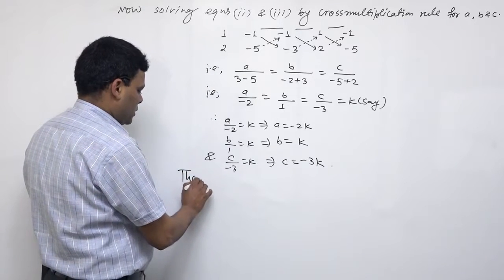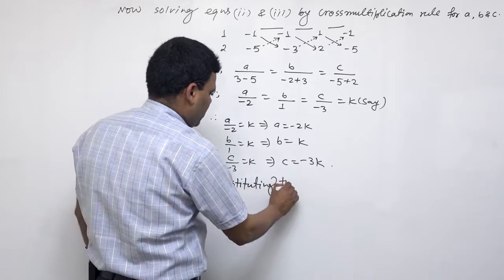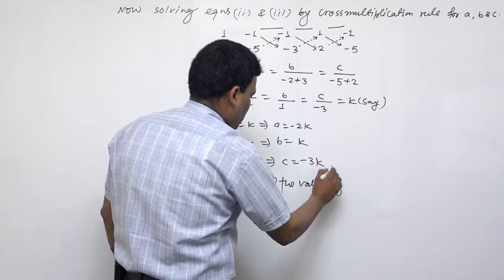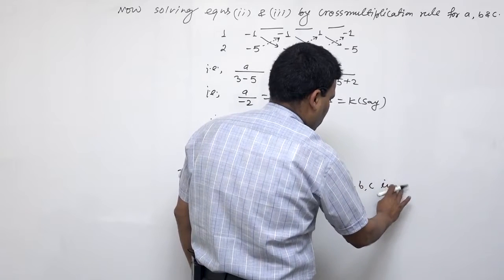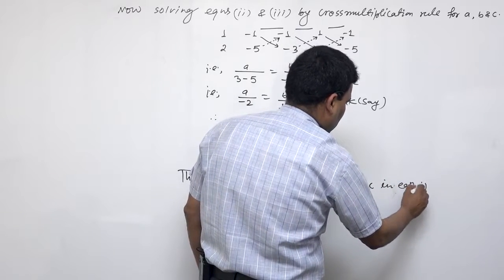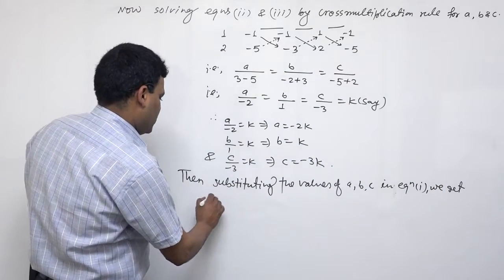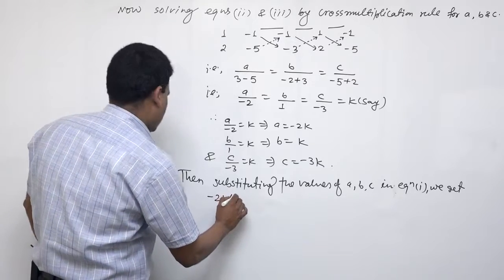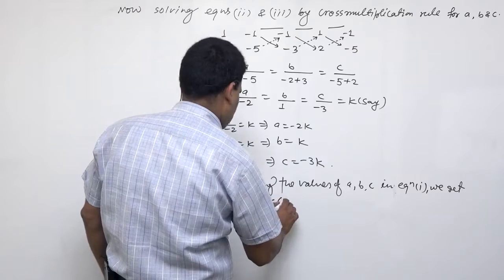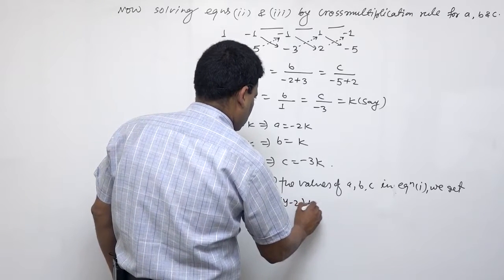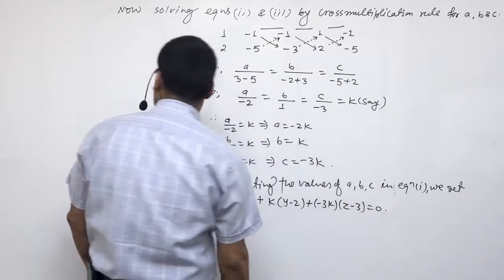Then substituting the values of a, b, c in equation 1, we get minus 2k into (x minus 1) plus k into (y minus 2) plus minus 3k into (z minus 3) equals 0.